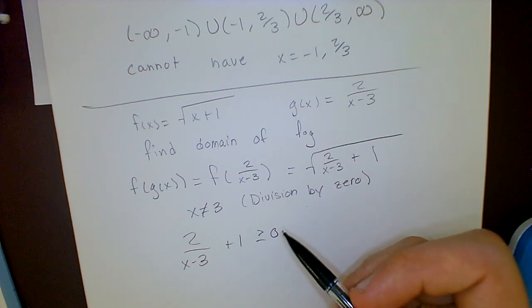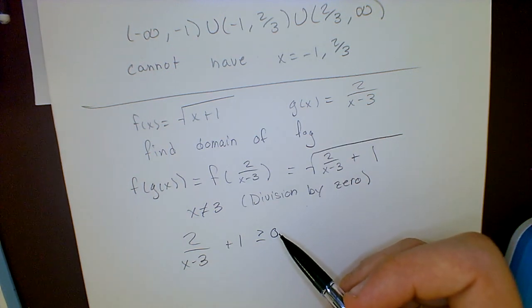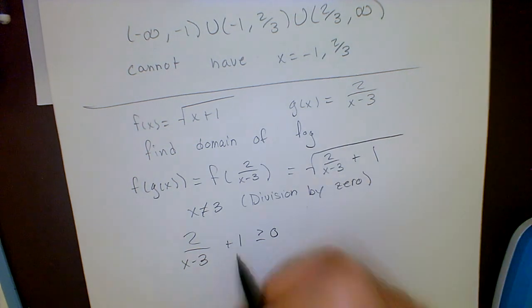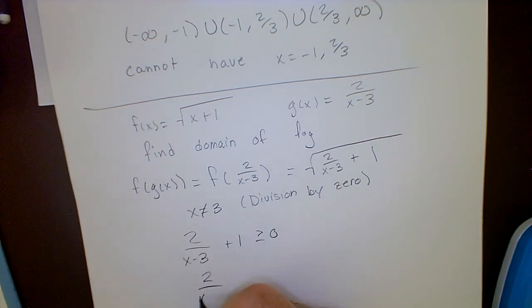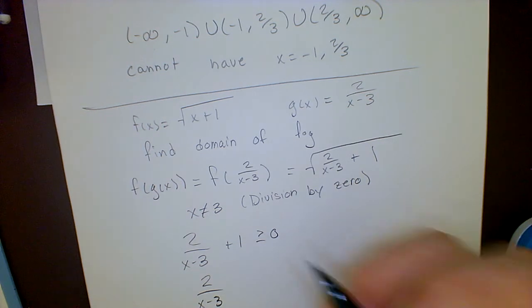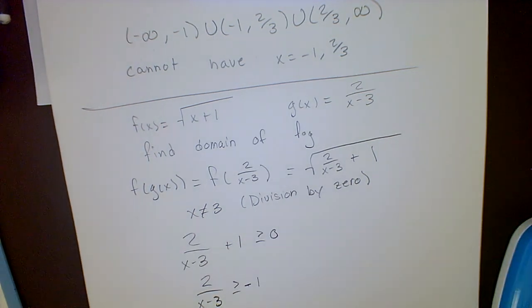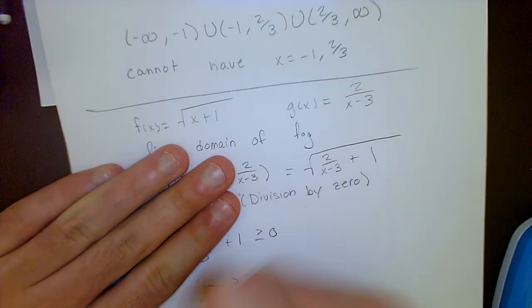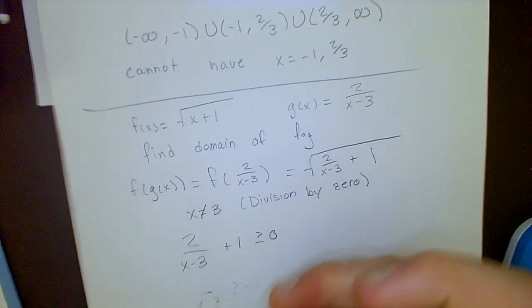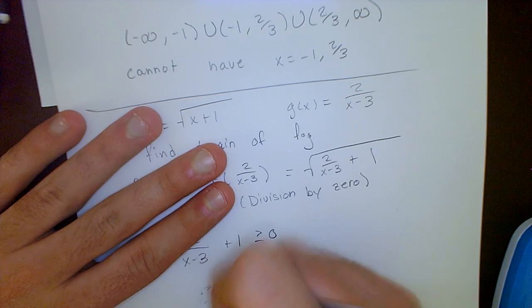Okay, so if I want to solve this for x, I would probably subtract 1 from both sides. So I get 2 over x minus 3 is greater than or equal to negative 1. Oh, wait. No, that's not how I want to do this. Sorry. So I'm going to first find the common denominator.